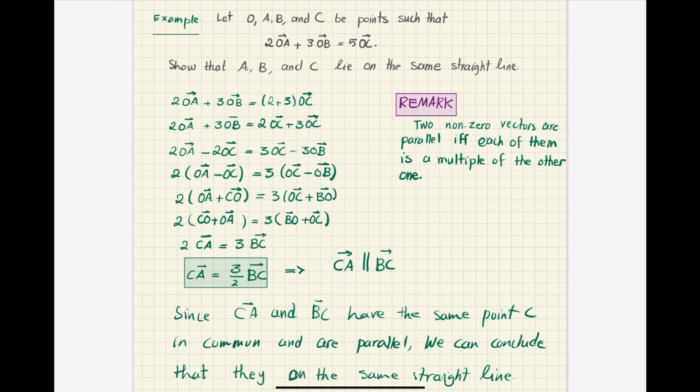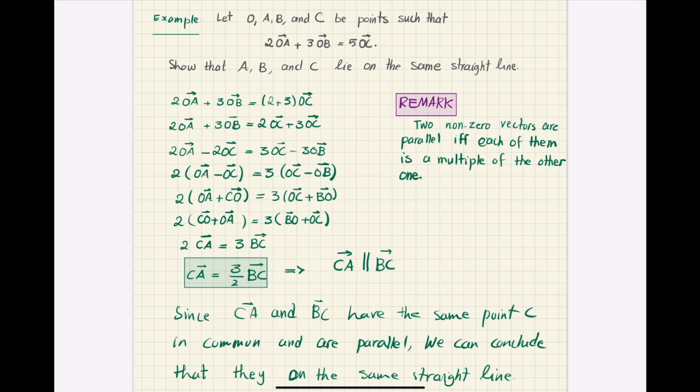So it means that if I take this vector BC and I multiply it by 3/2, it becomes a new vector which is parallel to BC. Yes? On the one hand. On the other hand, CA is equal to this vector. So CA, which is a multiple of BC, should remain parallel to BC.